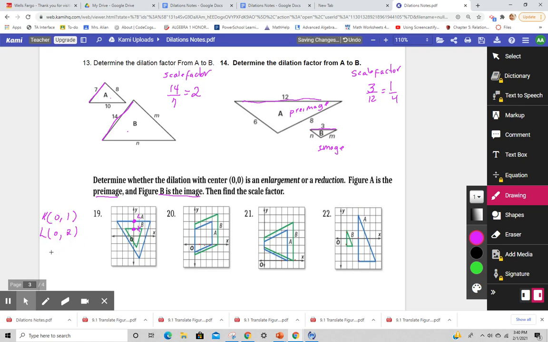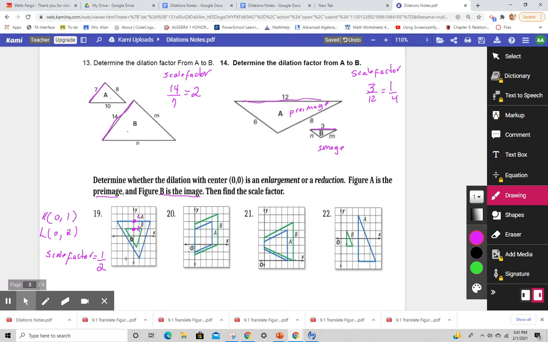Okay, so the scale factor, we can take the ratio of their x's or y's. Since the x's makes no sense, it's going to be 0 over 0, we'll take the ratio of their y's, which is 1/2. Okay, it's image over pre-image. This is the image. So it has to be 1/2.